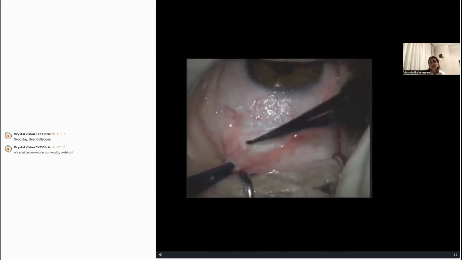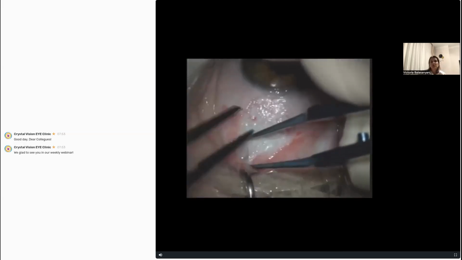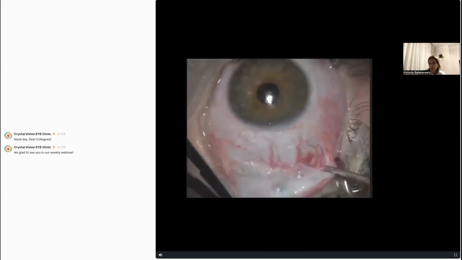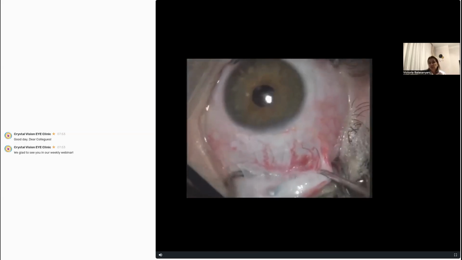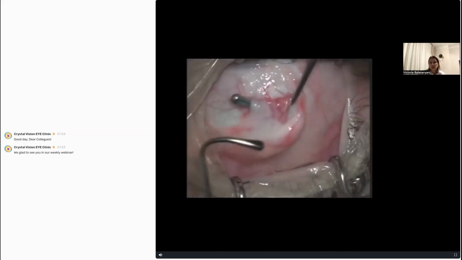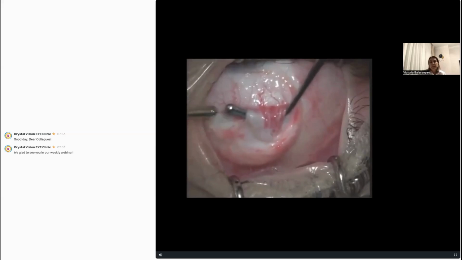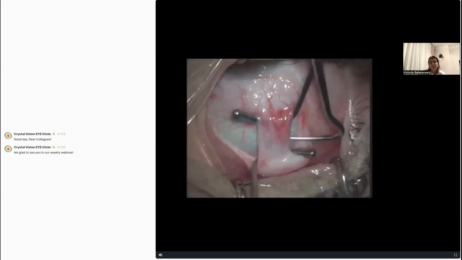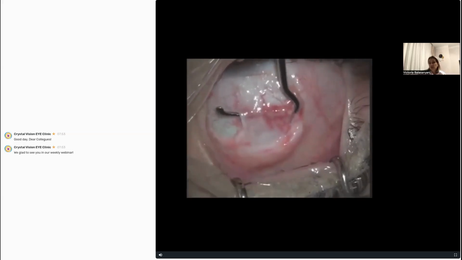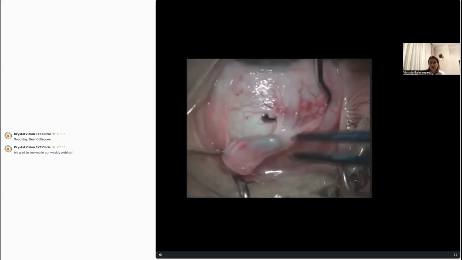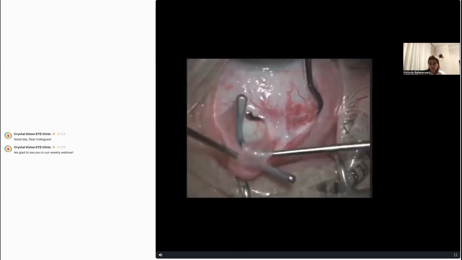Dear colleague, as you can see on the video, to access the muscle, we also use a radio wave knife, which allows us to cut the tissues without any manual physical pressure. We also use Vicryl 7-0 as a suture material.